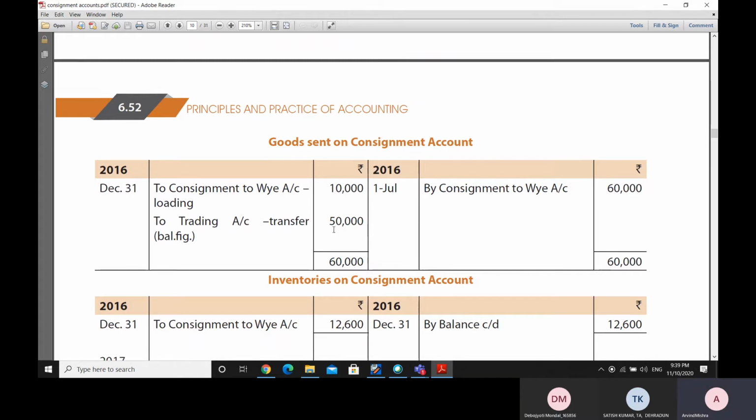So by creating this credit in the trading account with this 50,000 rupees, what is happening in the trading account is that these goods were already part of the purchases. Now we have put them into the credit side also.